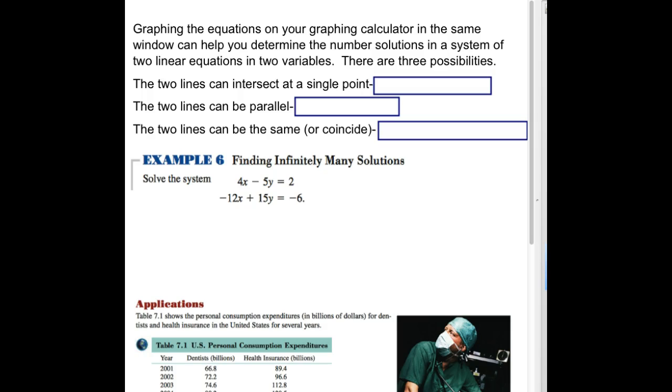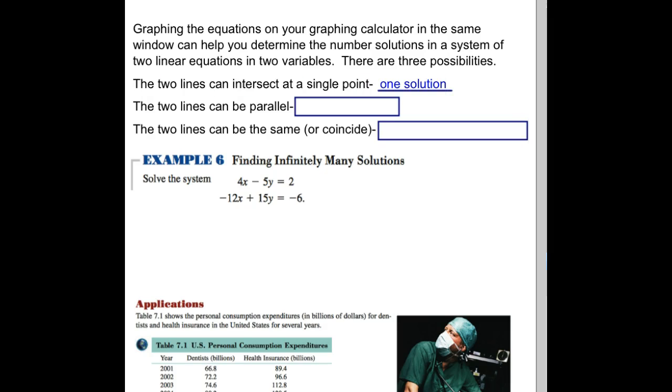All right, so graphing lines. We have 3 things that can happen. The 2 lines can intersect in a single point, which means we get one solution. We could have 2 lines that are parallel, like in our last example, where we get no solution.